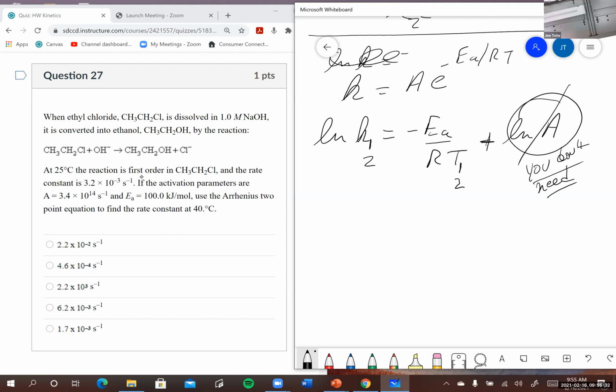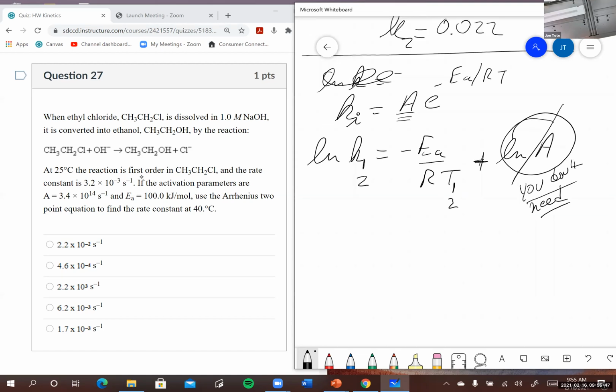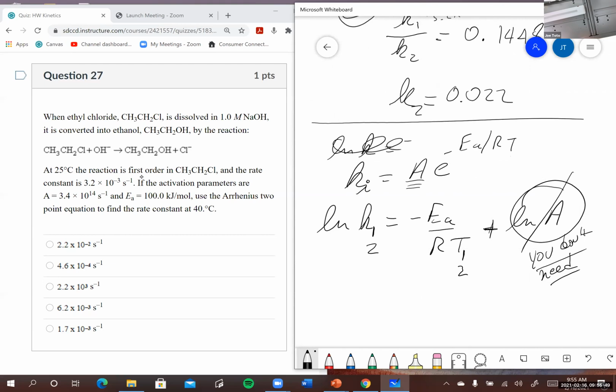Yeah, so the assumption is that that A factor back here is independent of temperature, which is not quite true. So you pick any temperature and that changes K. Then when you look at it that way, you're looking at an infinite point function with as many values as you can think of.